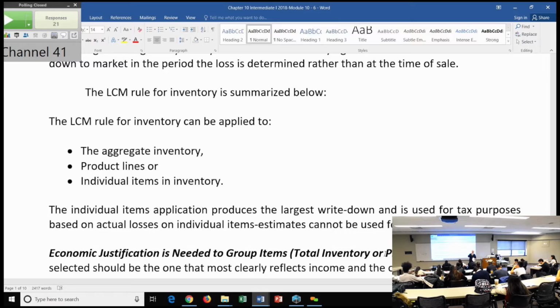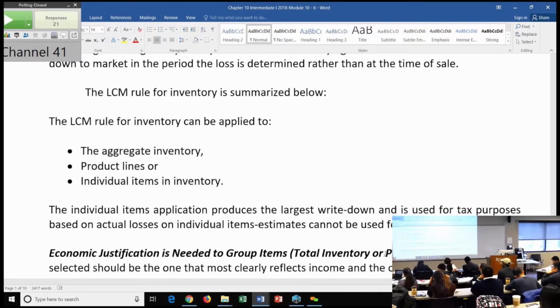So if the value of a receivable on the balance sheet does not reflect the cash generating ability, if it's above that amount, you have to write the receivable down. Same thing here. If the value of the asset in the marketplace is less than the carrying value on the balance sheet, you have to write it down. So you can't show a value that exceeds the cash you expect to collect from the sale.